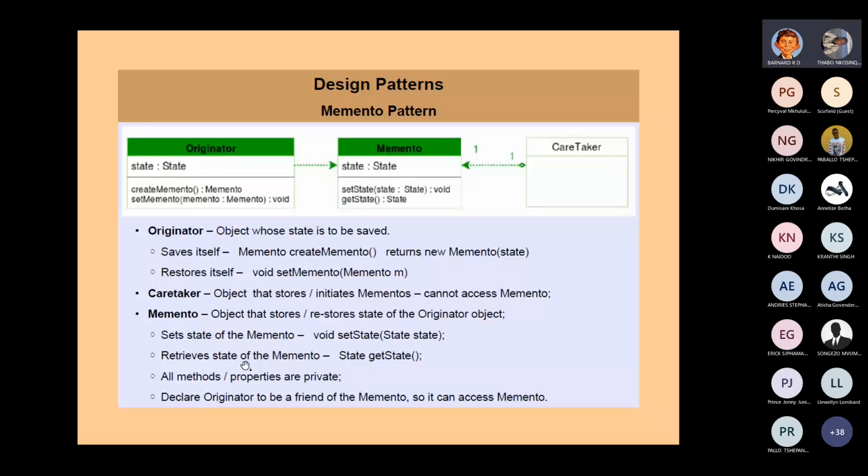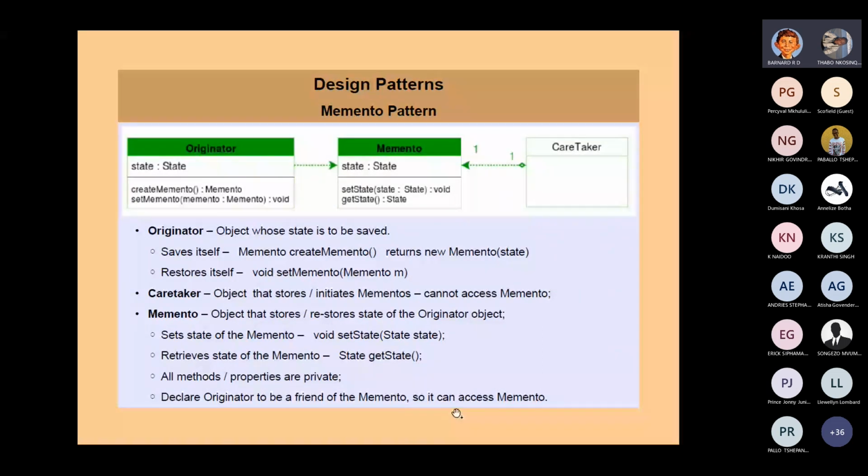Then the important thing about a memento is that all its methods and properties are private, including its constructor. How it operates is that you declare the originator to be a friend of the memento, so it can access all the functionality of the memento.